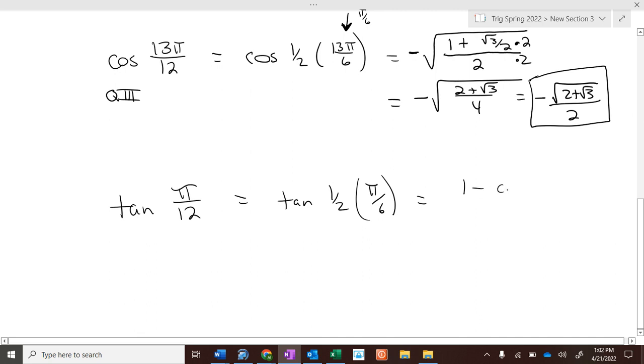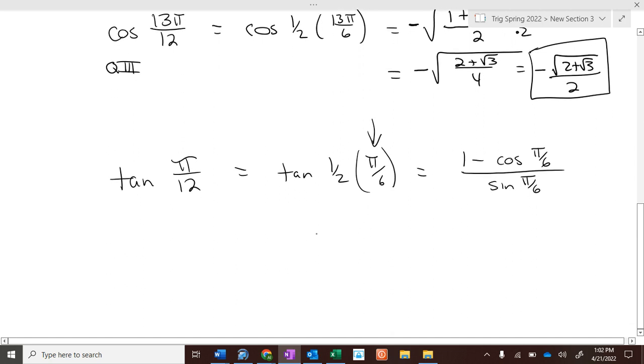So 1 minus the cosine of pi over 6 over the sine of pi over 6. So when you substitute this, not the original one, because the original one is not on your unit circle. That's why we're doing this. So it's 1 minus the square root of 3 over 2 over 1/2.